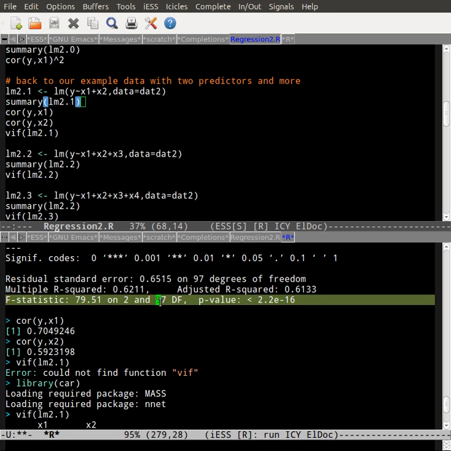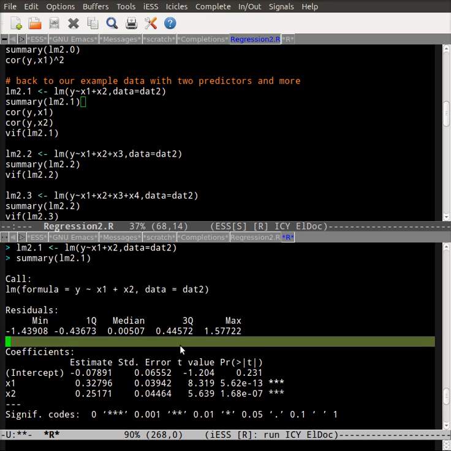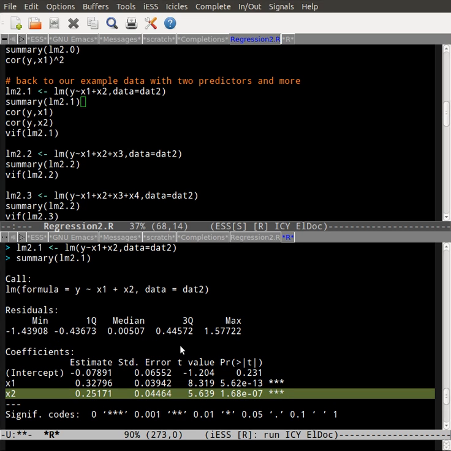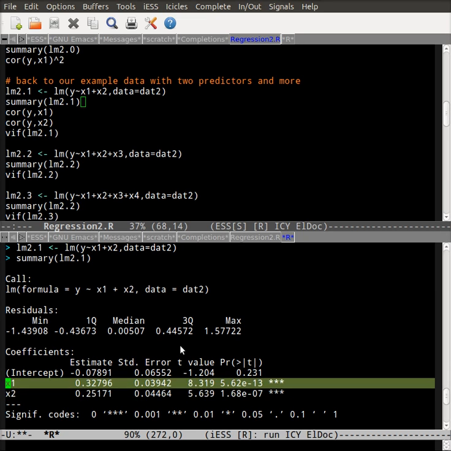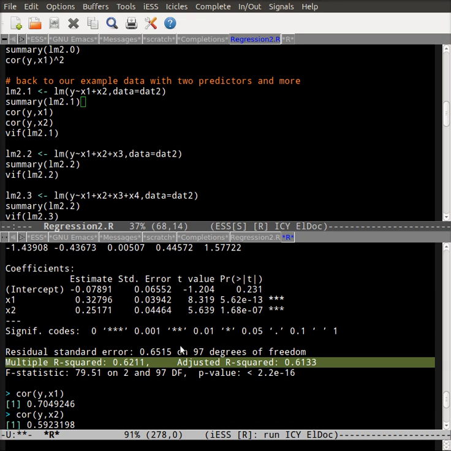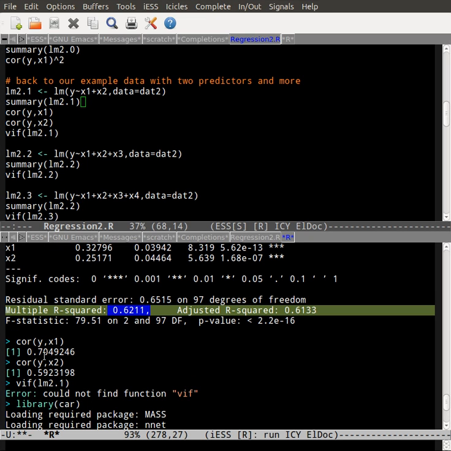The first thing is I have 2 predictors now, x1 and x2, and both are significant predictors of y. I have a multiple R squared of 0.62, right here. And if I take a look at my bivariate correlations between y and x1 and y and x2, you'll see that they're pretty high.